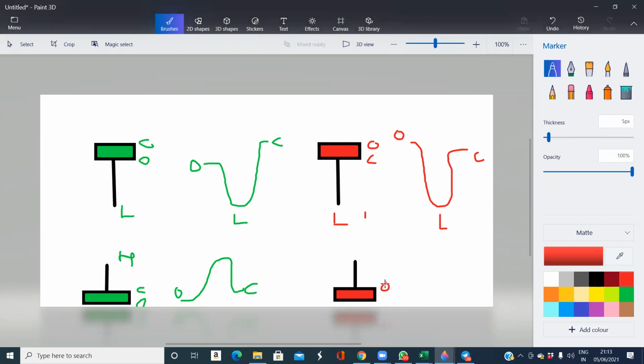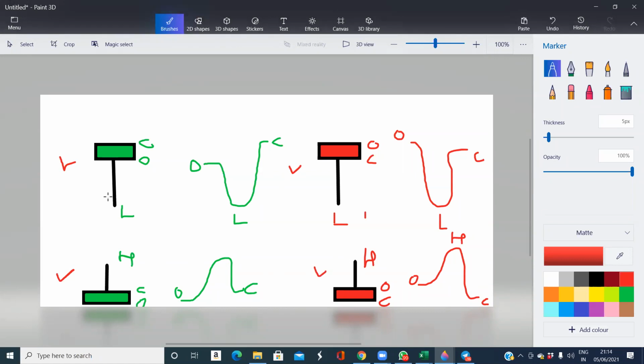This is open, this is close, this is high. The market will open here, it will go high. The bears will push down the market and it will close here. So open, close, and high. This one is bullish, this one also bullish, this one bearish, and this one also bearish.